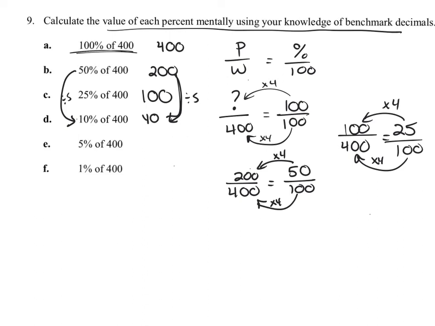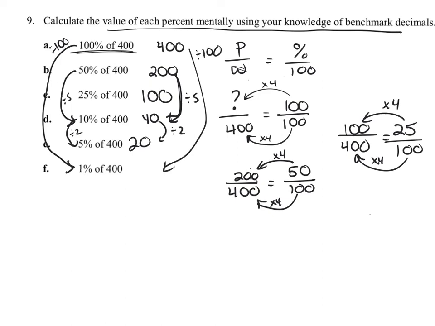Okay, and then if you think about, oh, well, 10% to 5% is divide by 2, so 40 divided by 2 is 20. And then to get from 100% down to 1%, divide by 100. I can divide 400 by 100, which gives me 4.